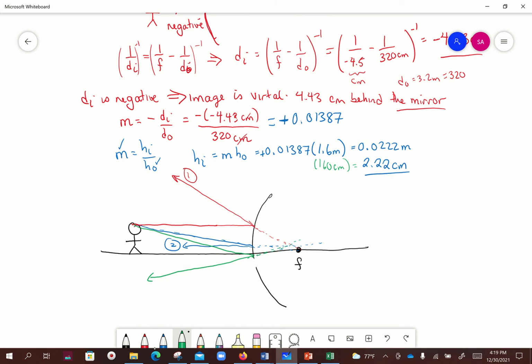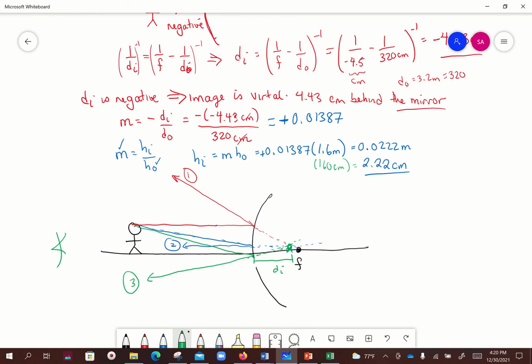And so if I have my eyeball over on this side, my eye sees the green, the blue, and the red ray coming and spreading out. And so your brain interpolates those backwards and says, hey, that person is standing back on the far side and they're way shorter. So DI is negative because it's virtual, and the height of the image is much smaller.